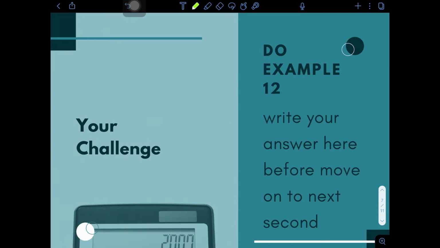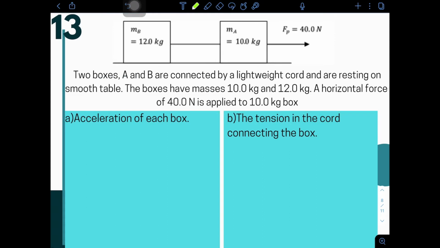Good luck. Example 13: we have two boxes, A and B, connected by a lightweight cord, resting on a smooth table. The hint here is that smooth means no friction. The boxes have masses 10 kg and 12 kg.